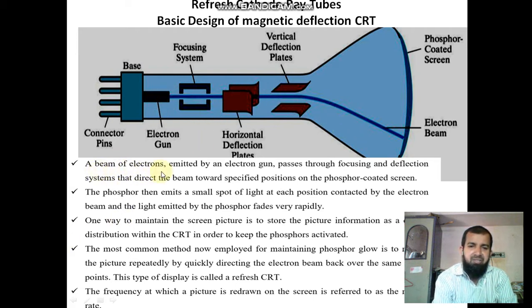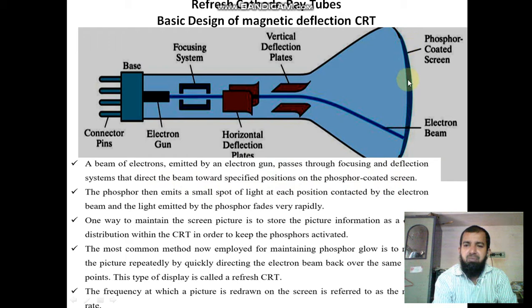A beam of electrons is emitted by an electron gun. This is the electron gun, and the beam is emitted from here. It passes through the focusing and deflection system. This is the focusing system, this is the horizontal deflection system, and this one is the vertical deflection system. They direct the beam towards a specified position on the phosphor coated screen.